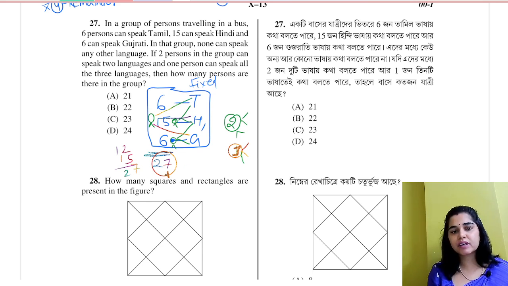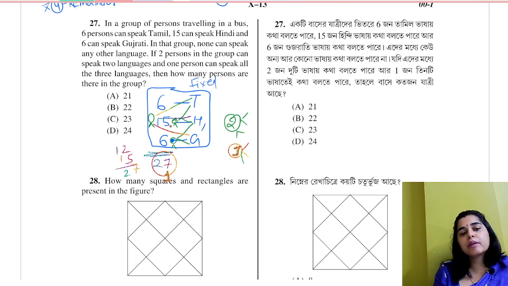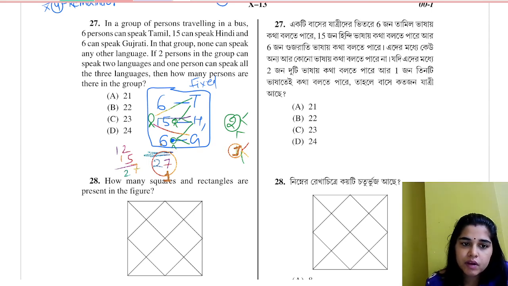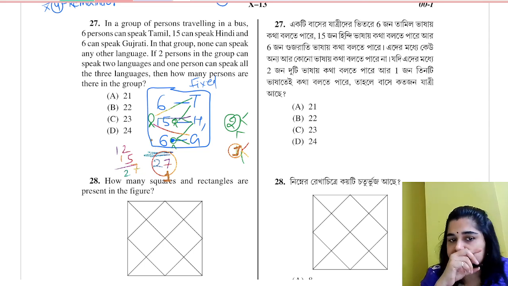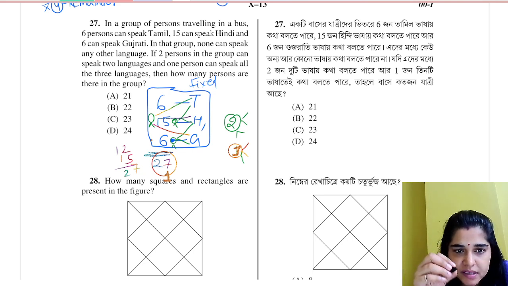So minus 1. And from here there is one person who is speaking this and this and this as well. So 2 persons. One person will be included here, one person here.